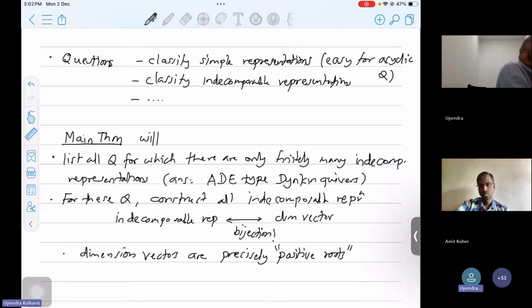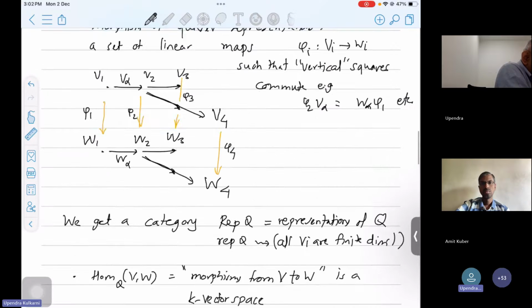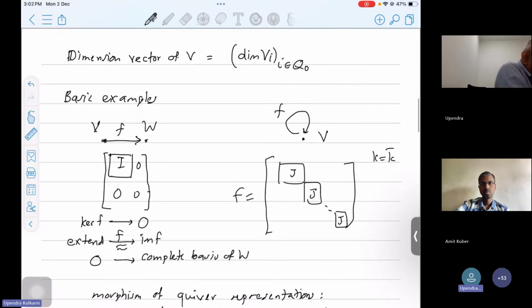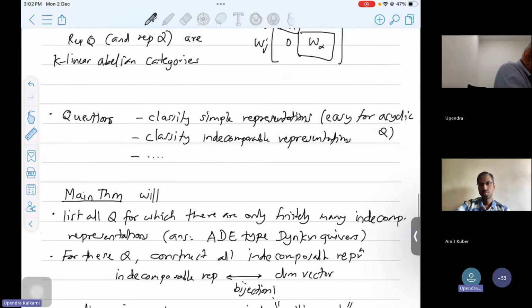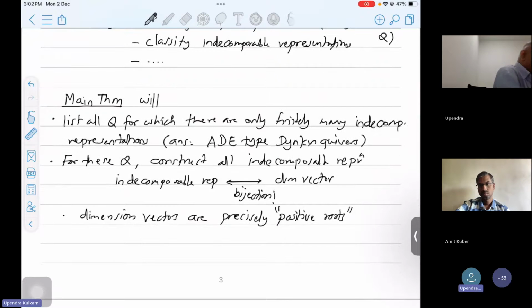So you will be able to construct an infinite family of indecomposable representations. This is really not very difficult. You simply have to remember our Jordan block example. Okay, so this is where we are headed.